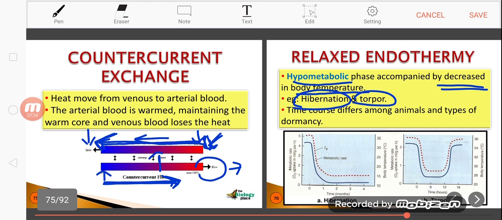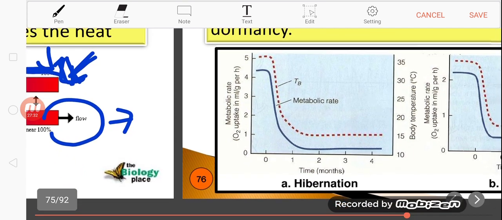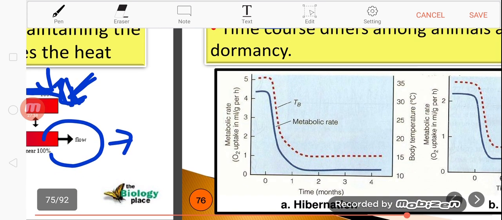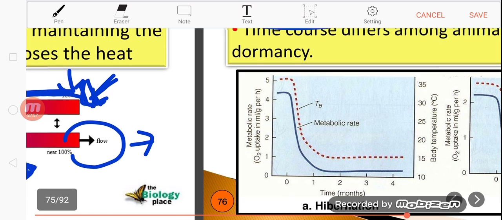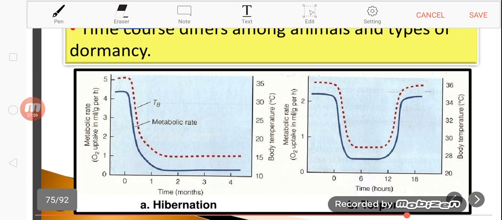The difference between these two, hibernation and torpor, is in terms of time. Hibernation takes months, for example maybe polar bear, or you can do your own research about examples of animals that hibernate. Hibernation takes a month or more, but torpor is about hours.